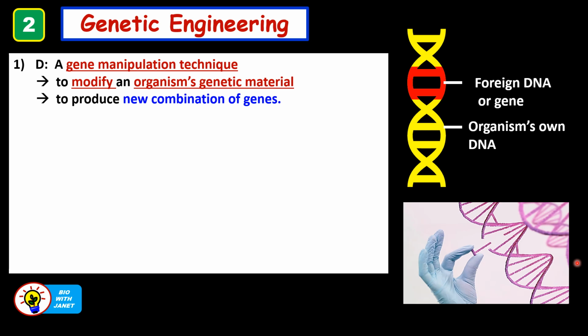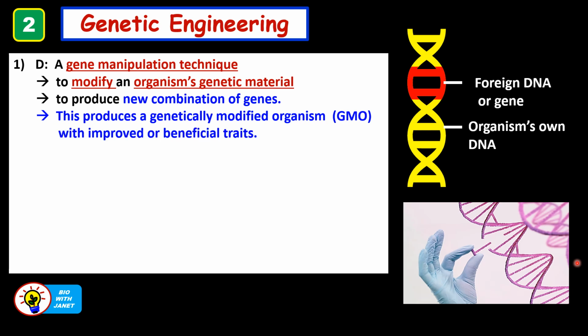So to modify means to change the organism's genetic material in order to produce new combinations of genes, and this produces a genetically modified organism called GMO, which usually has improved or beneficial traits.